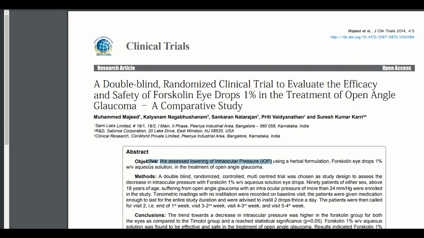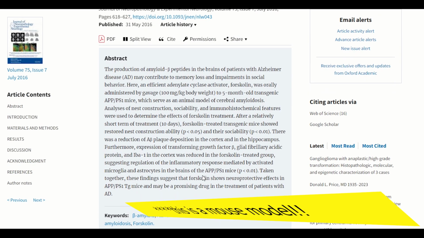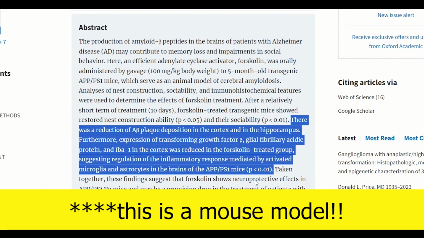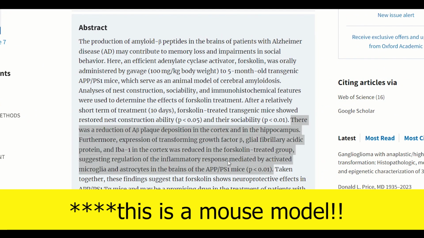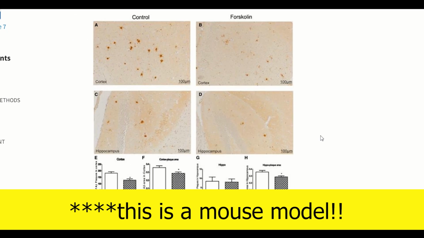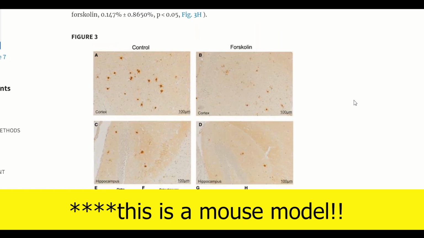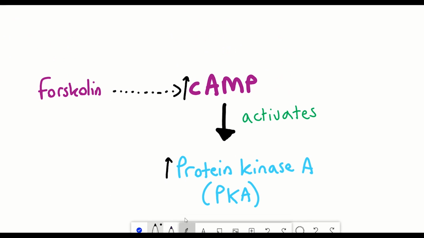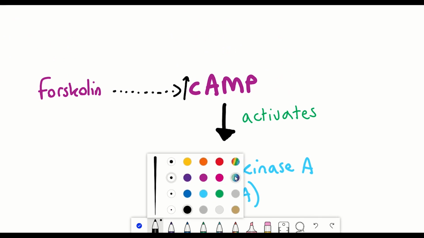And more recent work has shown that forskolin may also have neuroprotective properties, as demonstrated in work showing that it could reduce amyloid beta peptides in the brain in Alzheimer's disease. So ultimately, a lot of this work does look quite promising, but none of it's really been translated to human clinical studies yet. So in terms of dosing and timing, it's very much uncertain.